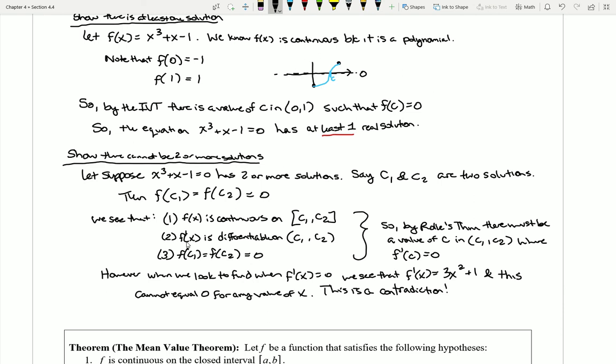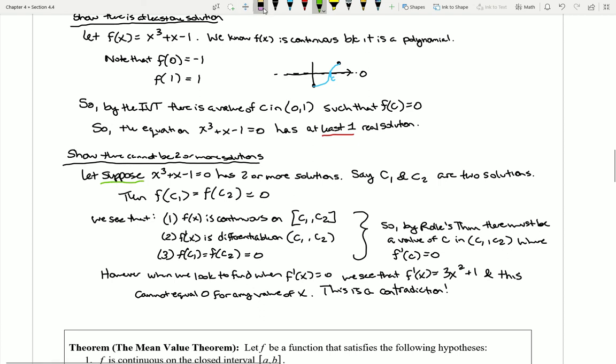And we know that our function is differentiable because its derivative is going to be a polynomial and can have any value plugged into it and always spit out something. So the only thing that's in question is maybe hypothesis number 3. Is it the case that f of c1 and f of c2 both equal 0? Notice this was the only part of the question that we couldn't really support. We just said, let's pretend.